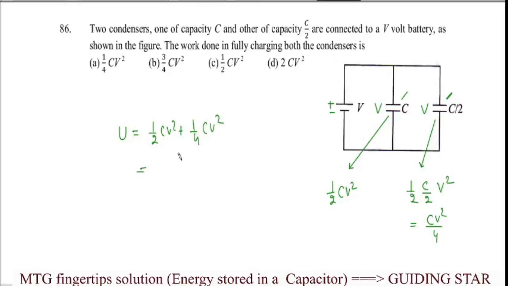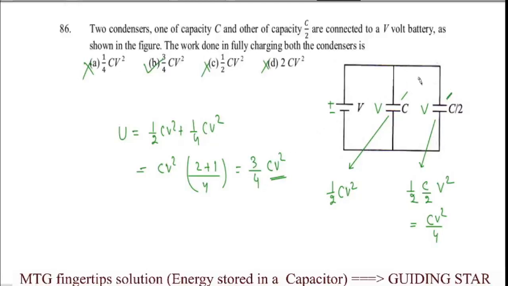If we take the LCM 4 and take CV square outside, it will be 2 plus 1. So it will be 3 by 4 CV square. So option B will be the correct one.